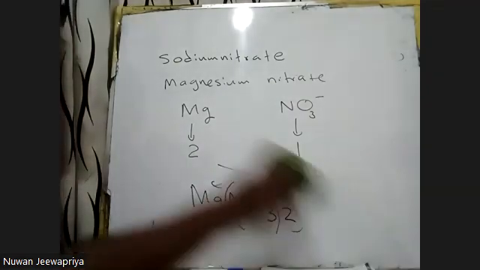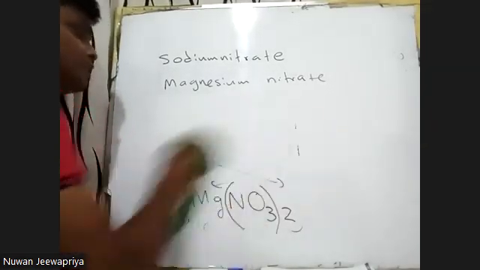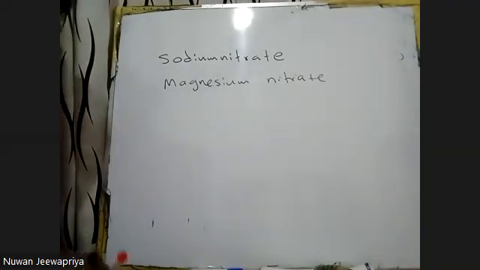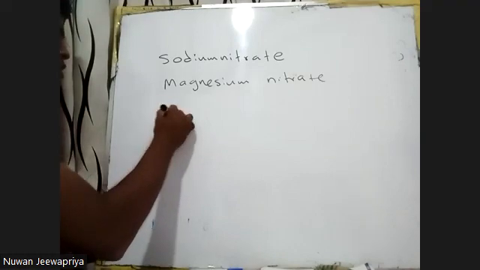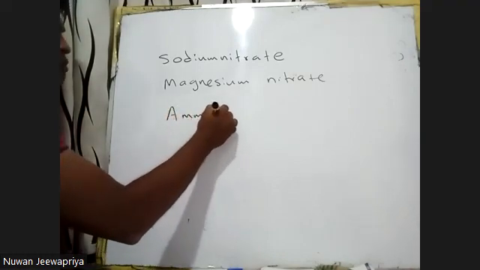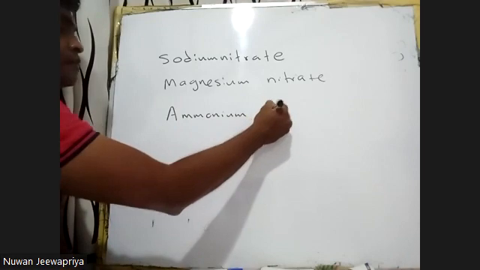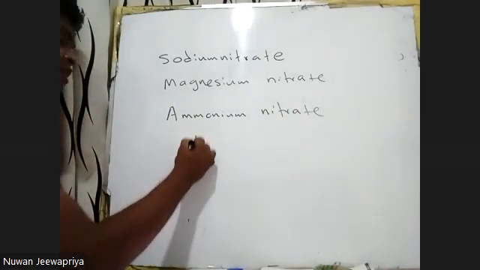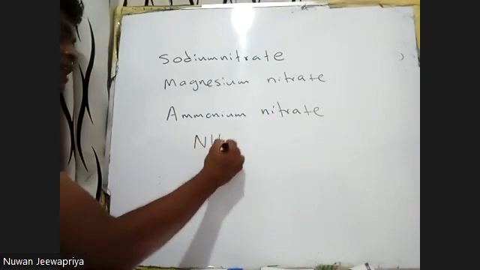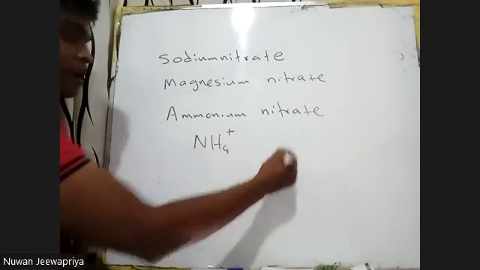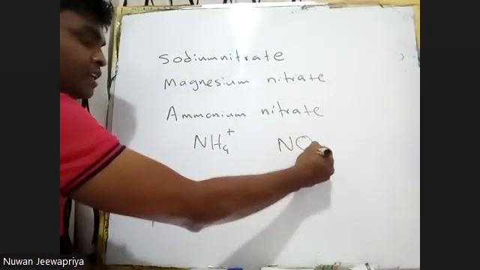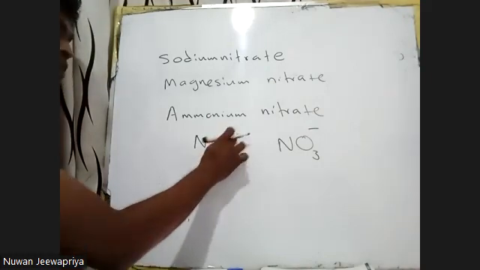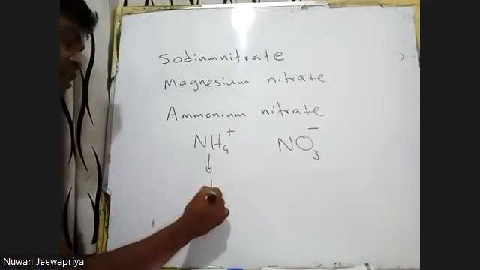I got another one, right? This time ammonium nitrate. How do you write ammonium? Ammonium we write NH4 plus. How do you write nitrate? Nitrate we write NO3 minus. Ammonium's valency is the charge, it's 1.